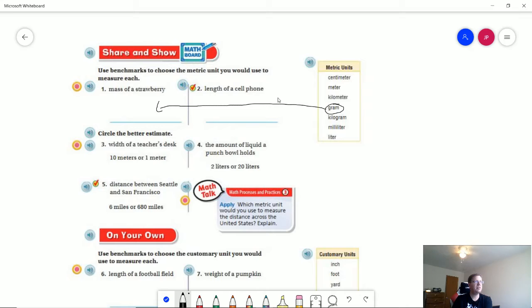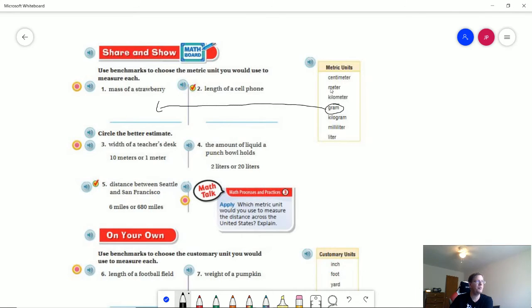For our length, we would be using meters. One meter would be a little bit less than a yard, so about 3 feet. It's somewhere between 2.5 and 3 feet for a meter. Compared to a kilometer, which would be 1,000 times longer than that. So instead of about 3 feet, we're talking about 3,000 feet, so a little bit over half a mile.